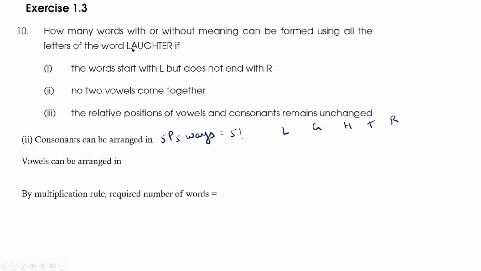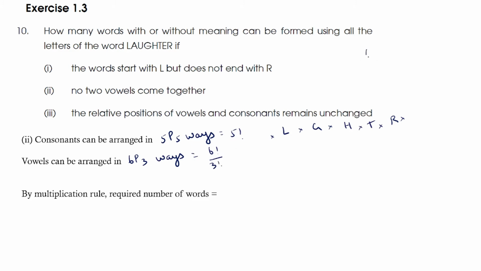Now the vowels are A, U and E, and the places where the vowels can be arranged are 1, 2, 3, 4, 5 and 6. So there are 6 positions for the vowels to occupy when no two vowels come together, from the 3 vowels. So the vowels can be arranged in 6P3 ways, which is equal to 6 factorial by 3 factorial.